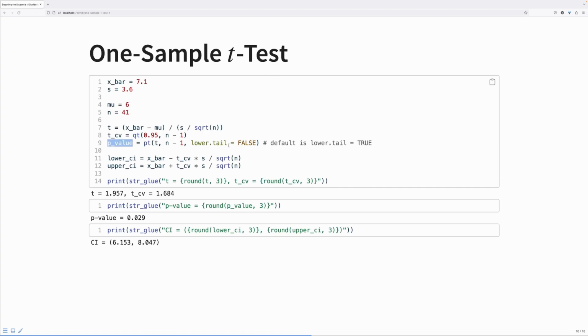Okay, so notice here, we set lower.tail equal to false because the default for lower.tail in the pt function is true. And then we also calculate the confidence interval.